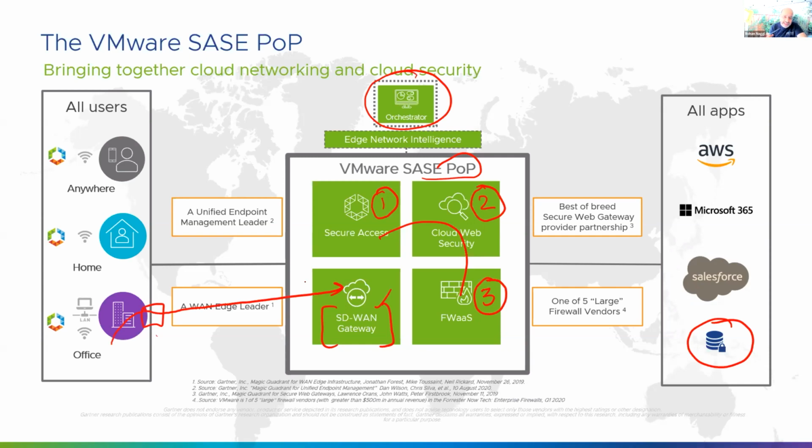The traffic will go to the SD-WAN gateways, and then it will get redirected to the firewall as a service, where all the security inspections will be done based on your security policies, which have been defined by your enterprise admin. And then over the SD-WAN overlay tunnel, it will reach the destination.